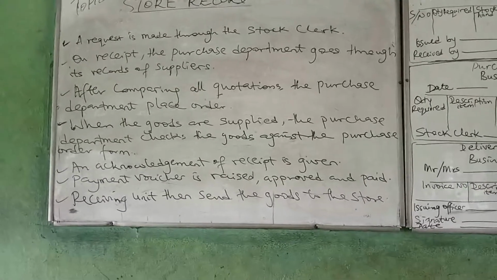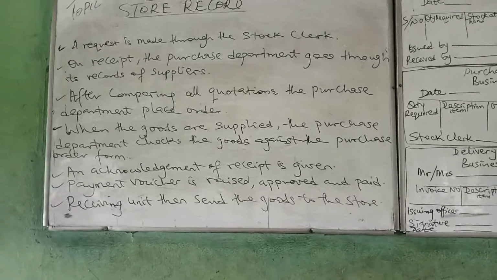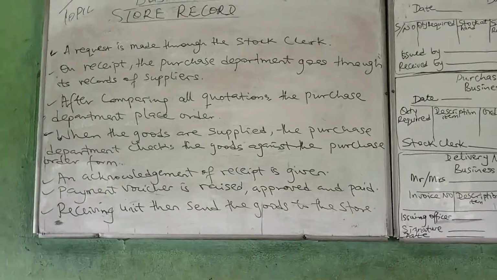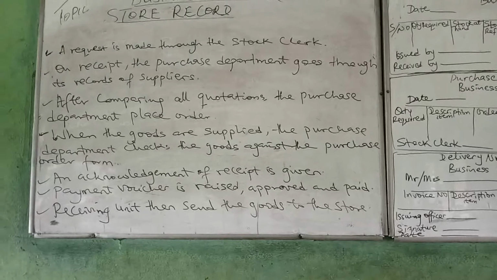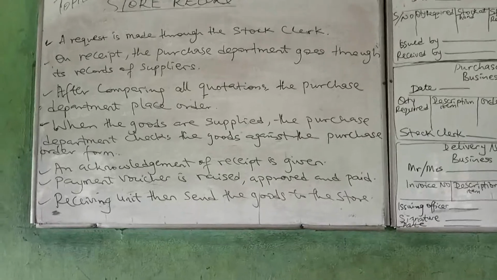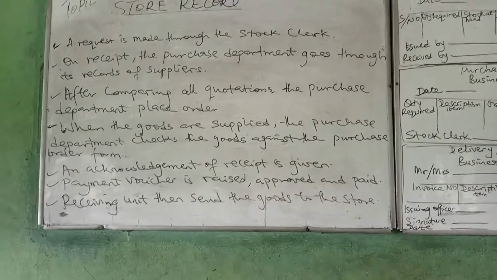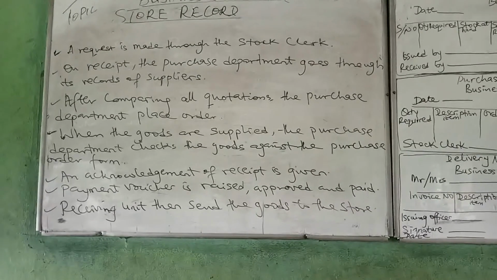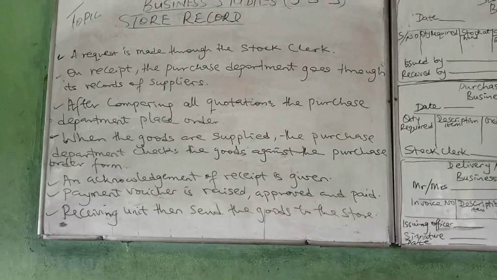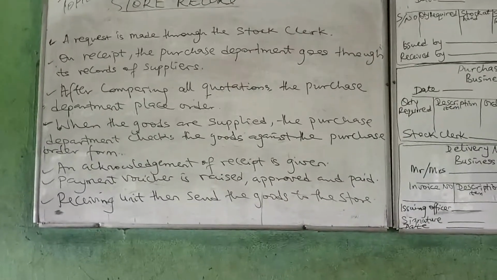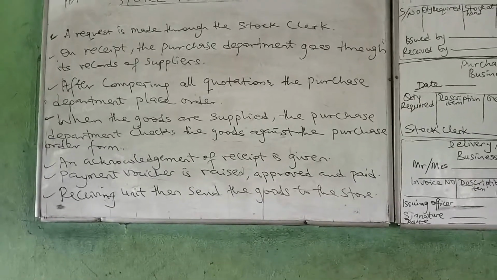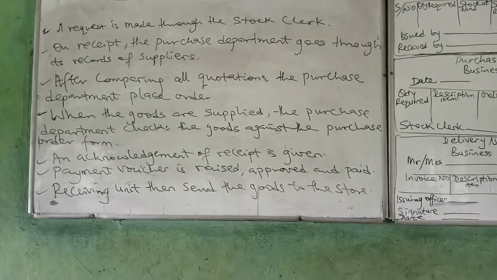Then, when the goods are supplied, the purchase department checks the goods against the purchase order form to ensure that they agree. If they agree, this department prepares and signs the goods received note and the inspection note. They must sign it. Then, after that, an acknowledgement of receipt is given to the supplier that they acknowledge the goods.